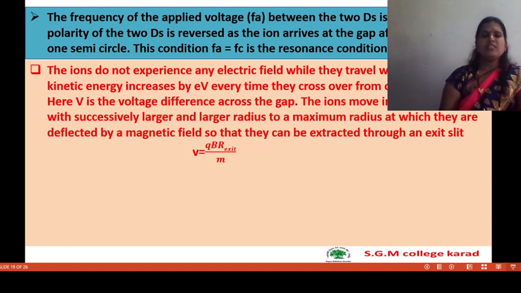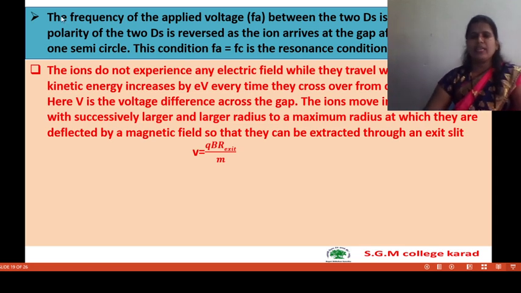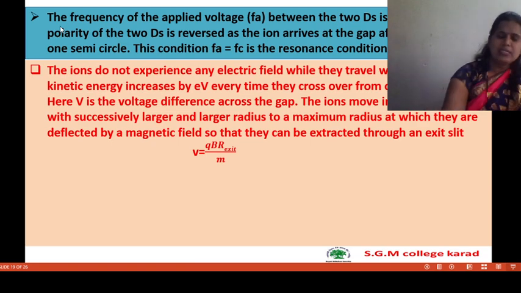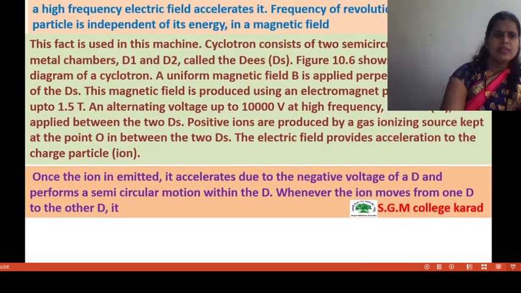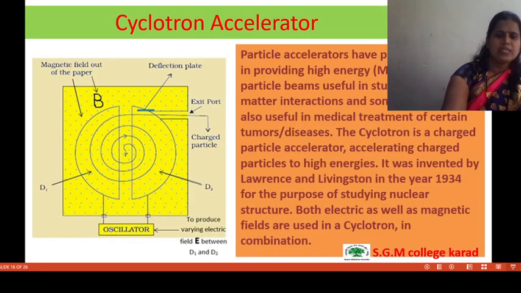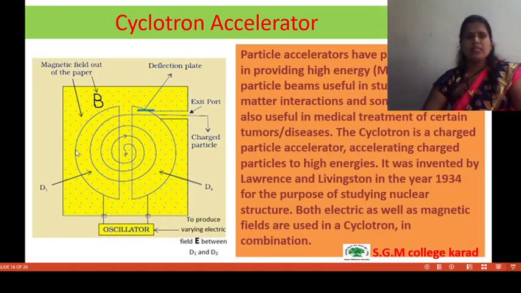The path becomes the maximum radius, so the ions can be extracted through an exit slit. See the diagram once again: they exit through the exit slit here, with their energy becoming larger and larger.